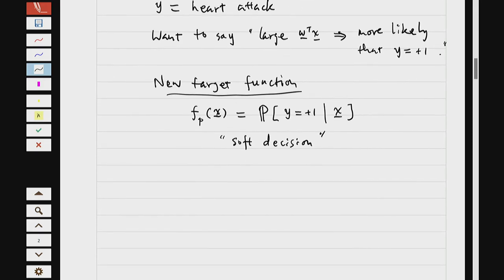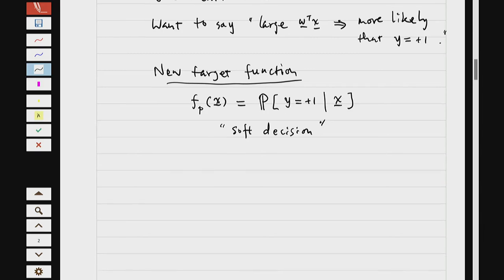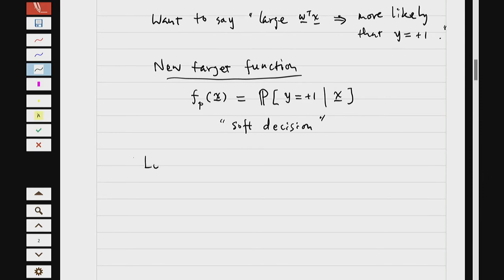Okay. And in order to estimate and predict this type of soft target functions from our data, we need this new tool, this new learning method called logistic regression. Now, this is a learning method, right?